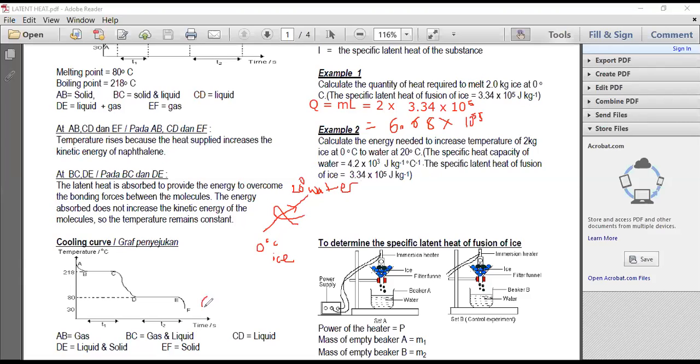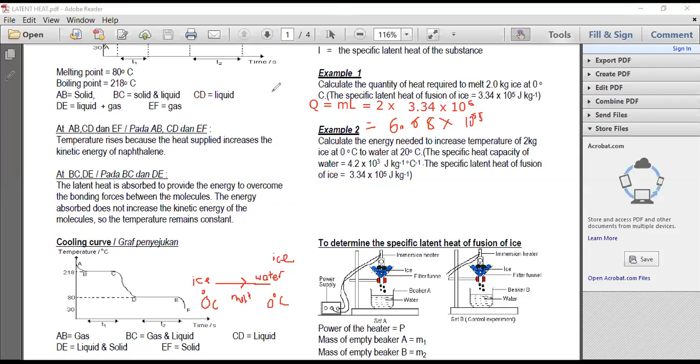What we must do is, we have 0 degrees Celsius ice, and first we need to melt the ice so that it becomes 0 degrees Celsius water.